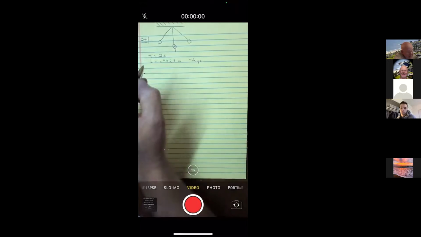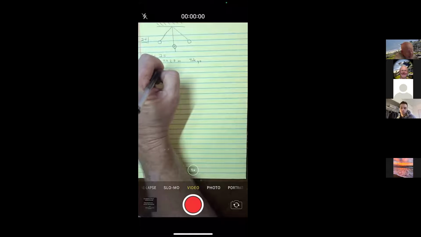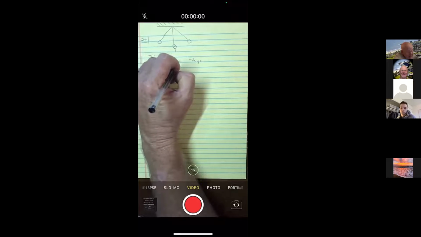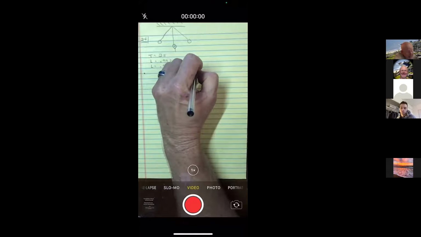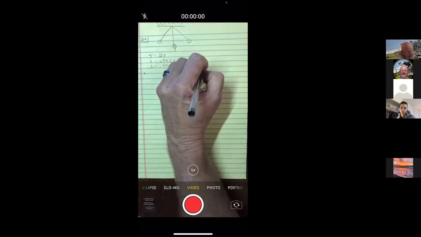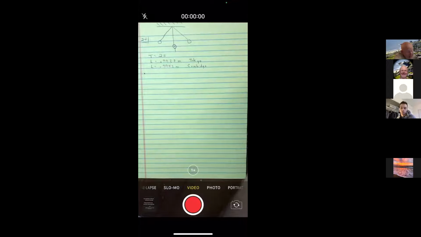Okay, so we got Tokyo, and it's a little different, 0.9942 meters in Cambridge, England. Okay. What is the ratio of the free fall?